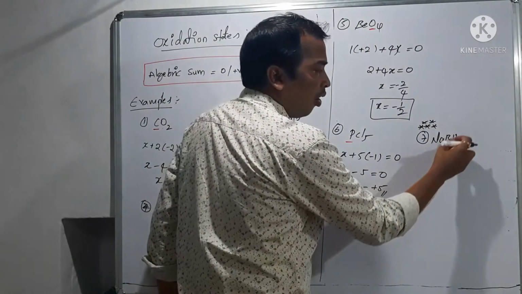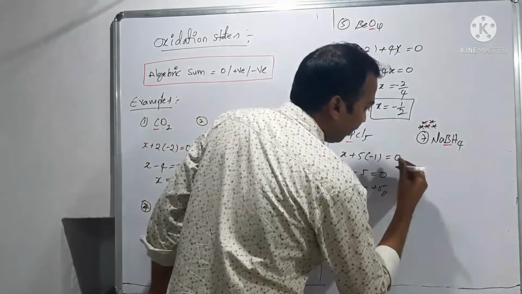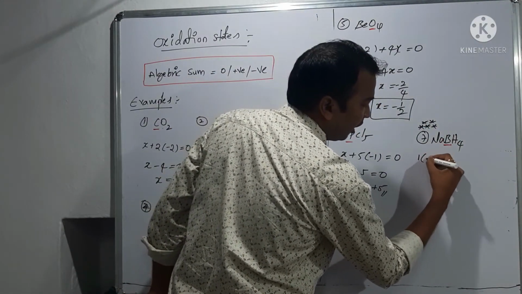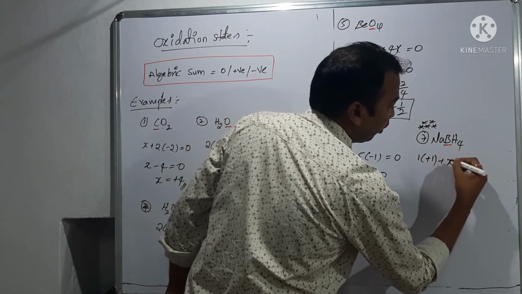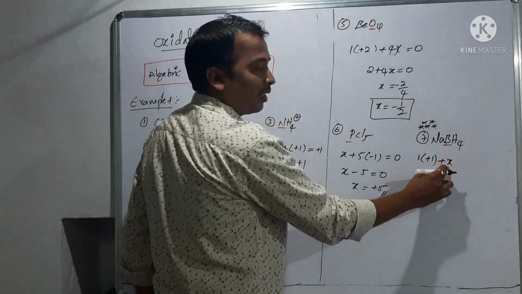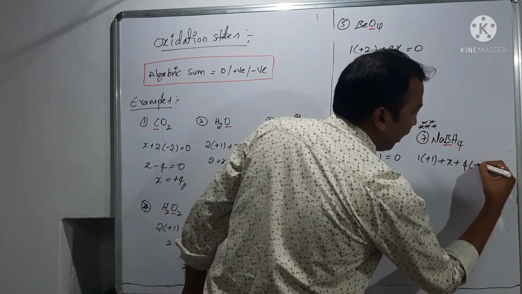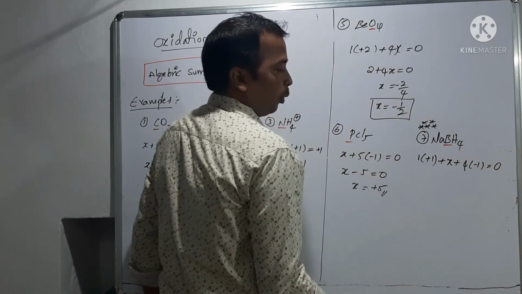Because of that, all the 4 hydrogens have negative charges. Here sodium is a first group element, that's why I am taking 1 sodium and its charge is plus 1, plus we don't know the charge on boron, that's why I am taking x, plus 4 hydrogen atoms and each carries minus 1 charge, and overall equals 0.